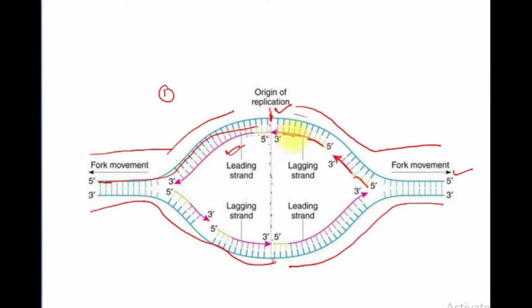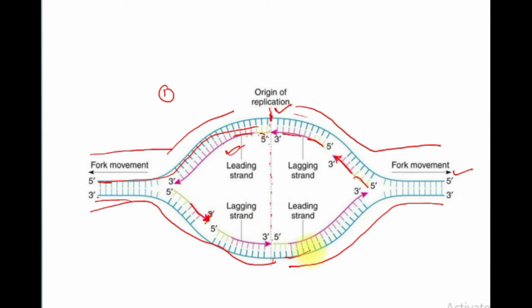In this way, Okazaki fragments will be formed on this side. But when we consider this fork, it will be the leading strand. That means it is a continuous strand. When we consider this lower strand, here it will form the lagging strand. That means here it is synthesized in this direction and it will be in Okazaki fragments.